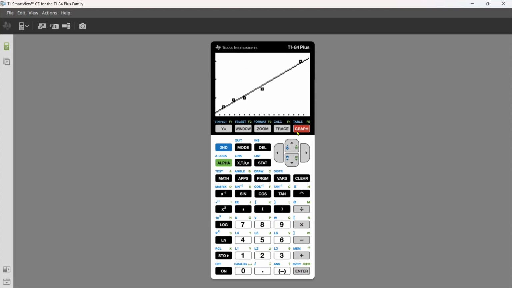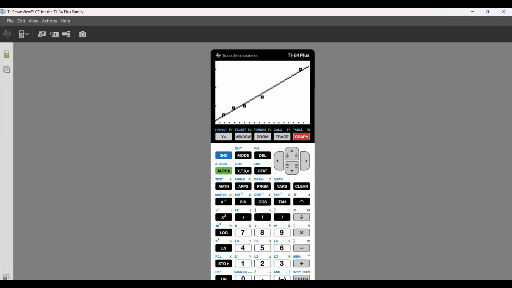When you put this on your paper, she's going to give you a grid. She's not going to have pre-formed numbers on that grid. So use the scale that's appropriate for your data. You can use the window setting to help you with that. But remember, you're graphing the actual points that were in your data set.